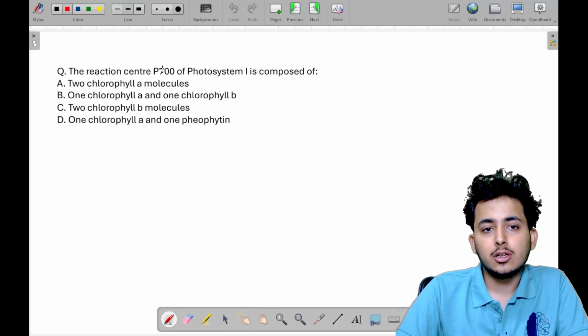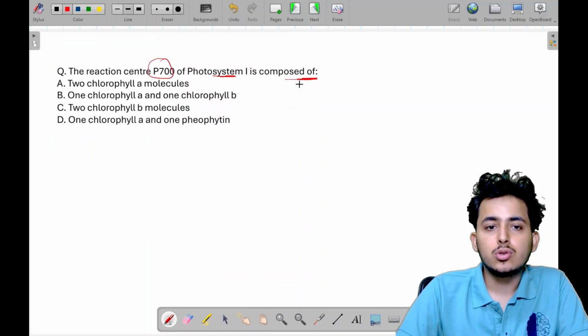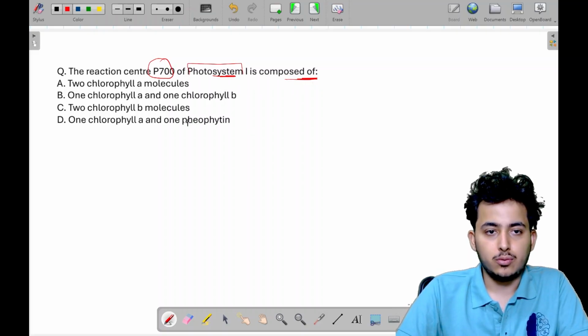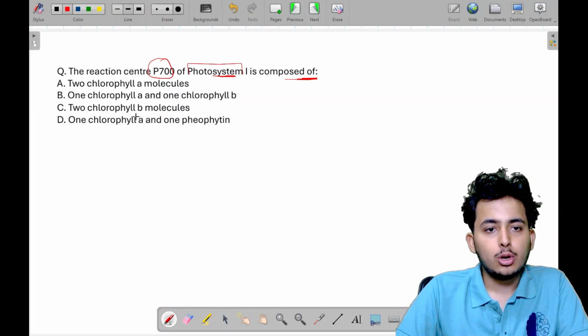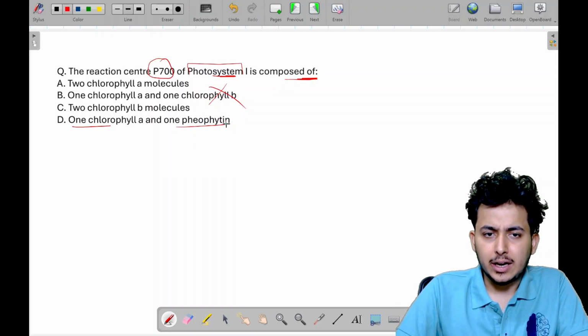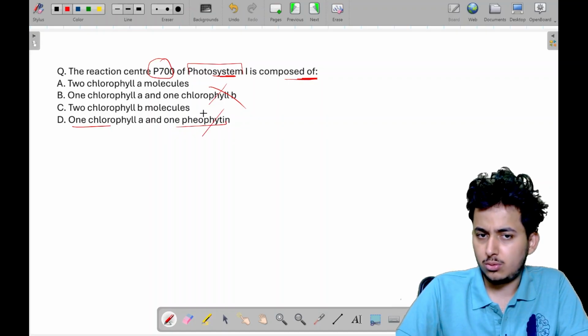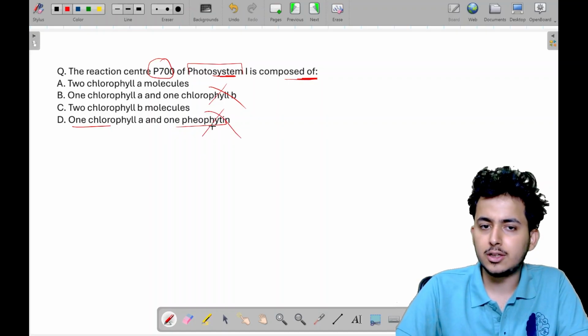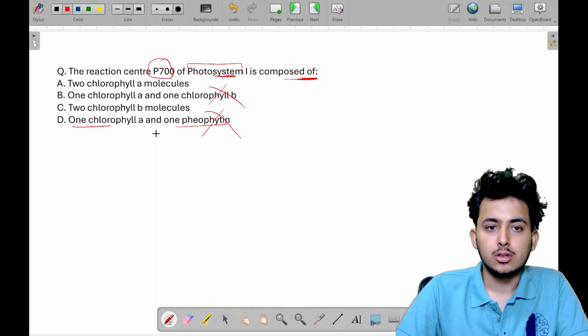Moving to the next question: the reaction center P700 of photosystem 1 is composed of what? Two chlorophyll a molecules; one chlorophyll a and one chlorophyll b? There is no chlorophyll b, it is present in the antenna molecules. One chlorophyll a and one pheophytin? No, I told you what pheophytin is in the previous lecture, that is wrong.